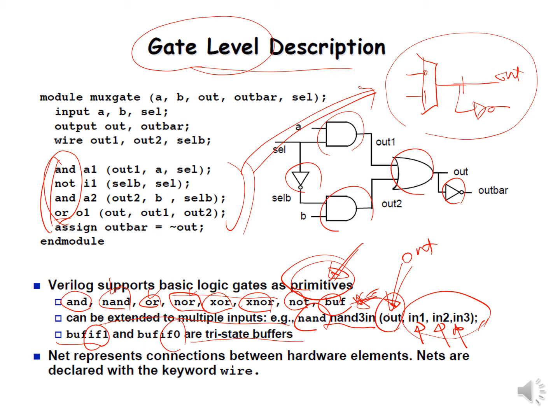But personally, I don't have any experience using this kind of gate level. The only time you see the gate level netlist is when you debug your place and route result. The synthesis tool will generate the gate level netlist, and you will try to see inside and understand what is going on, or sometimes there's some error.